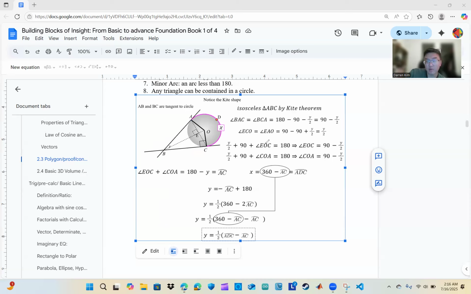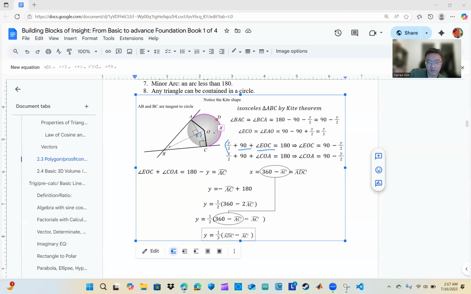I don't know, but I'm proving it now. Anyways, I think I did definitely prove it. Anyways, y divided by 2 plus 90 over here. Plus 90 comes from over here. And then plus this angle equals 180 again, which equals 90 minus y divided by 2. Now, with these two, these are like this form over here and this form over here.